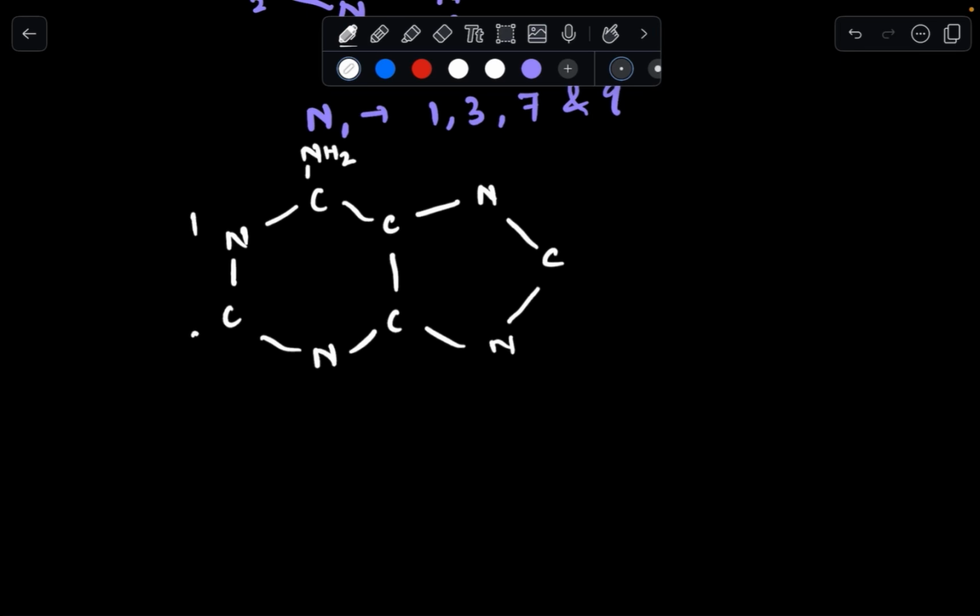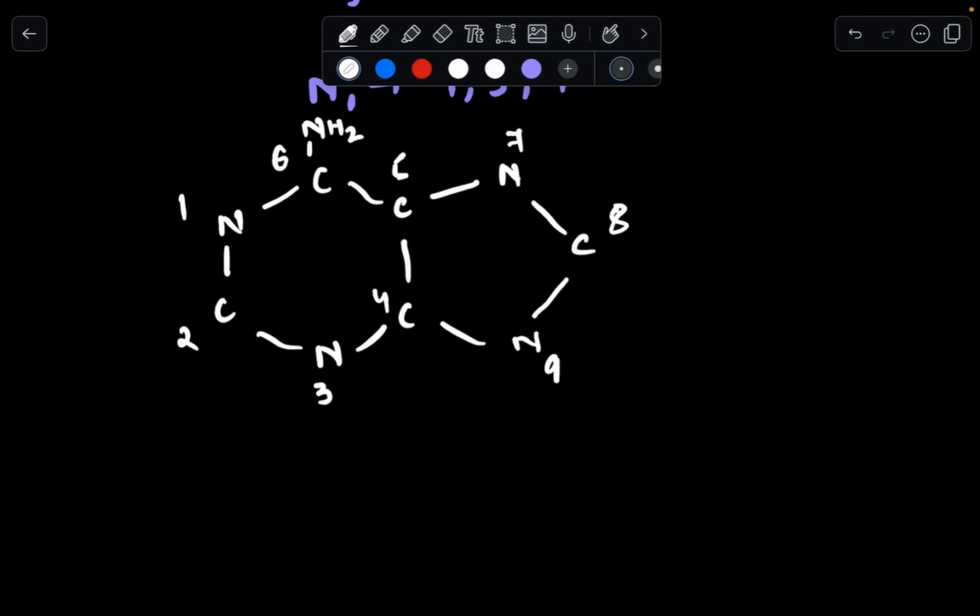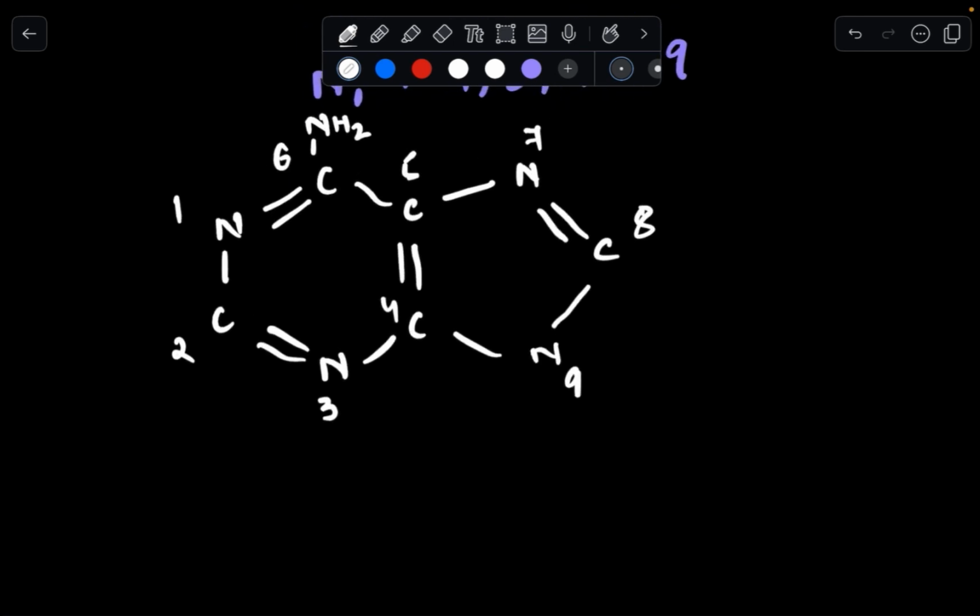First number this: 1, 2, 3, 4, 5 and 6, 7, 8 and 9. Now add double bonds, just as in benzene, add double bonds to it. This would also have a double bond, and this. Okay, this is the structure for adenine.